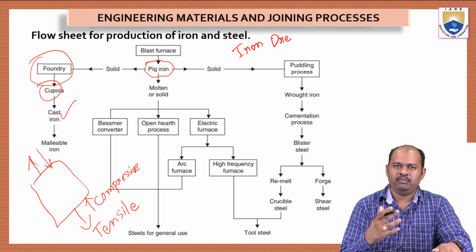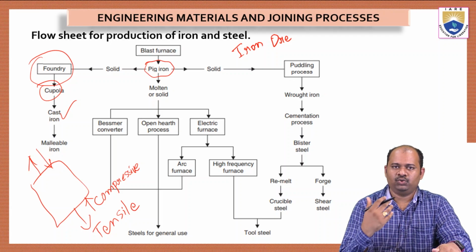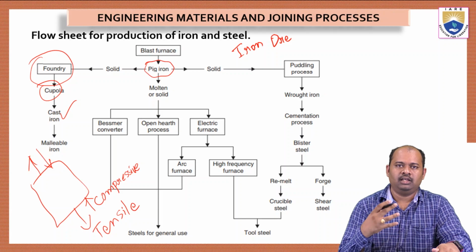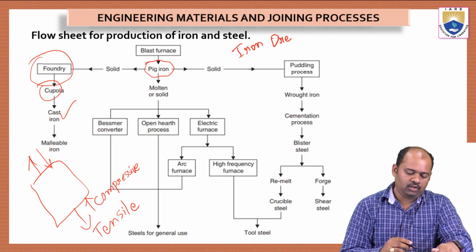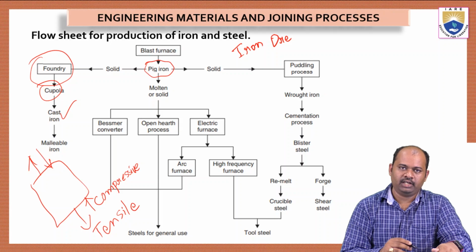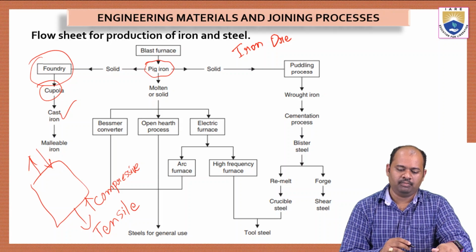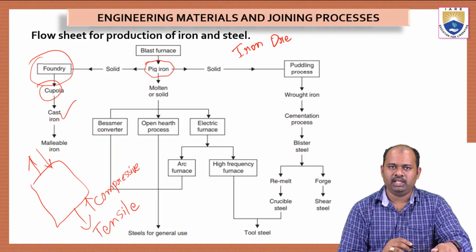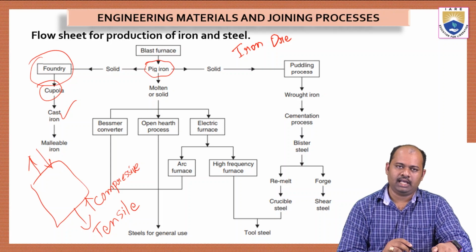Because it is made up of cast iron. It is so strong that it can bear many dynamic loads and carry heavy weights, because the machine itself has to stand on this bench. That is one example where cast iron is used, so the lathe bed is made up of cast iron.